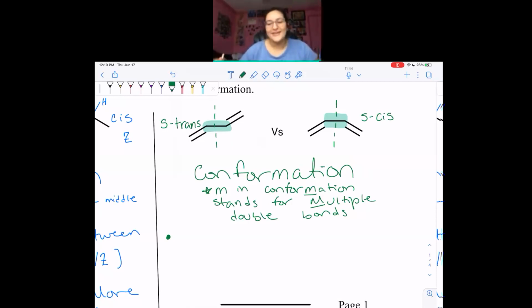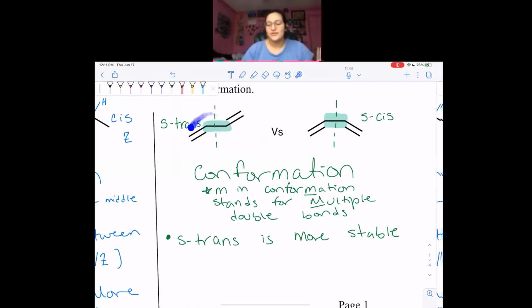Okay, sorry. So, between these two, which one do we think is going to be more stable? S trans, yes. So S trans is more stable, and shockingly, it's for the same exact reason.